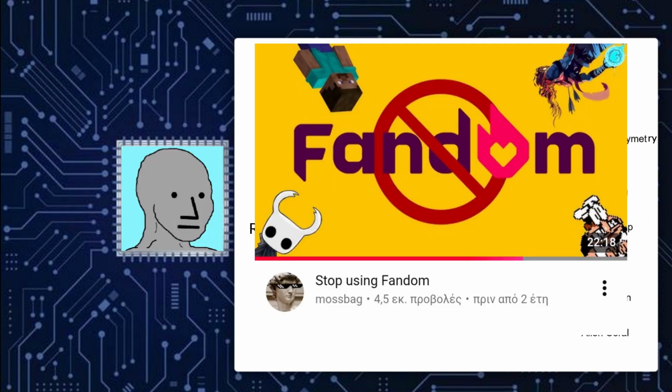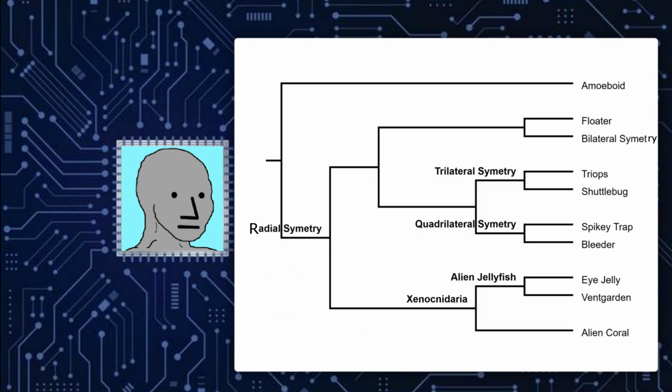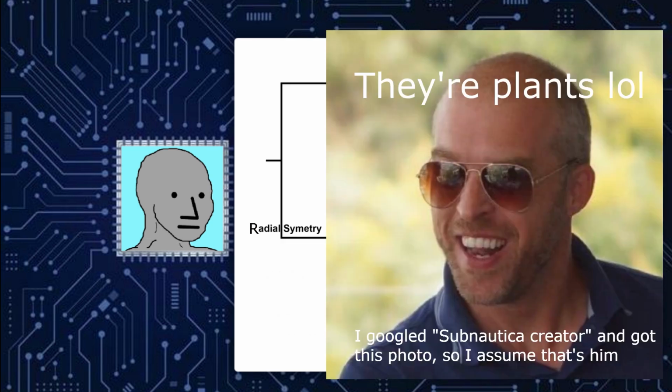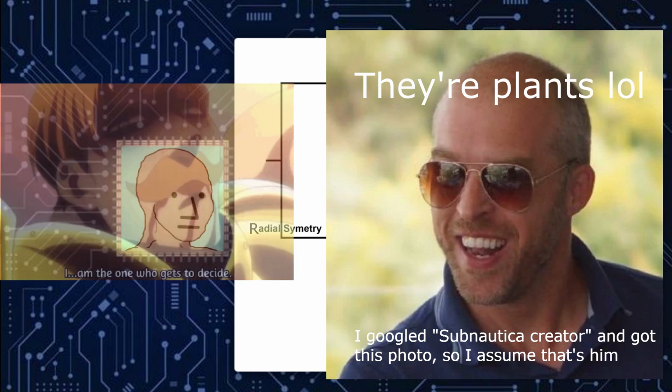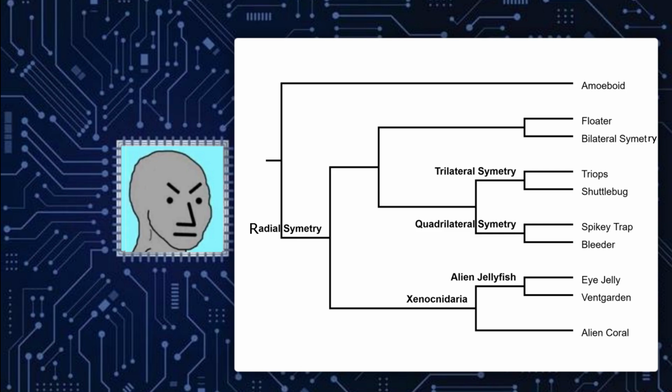Granted, this isn't the most reliable website apparently, but still, the creator of the game can come to my house and tell me right into my face that the corals of that planet are plants and only have a superficial resemblance to the Earth corals that are animals, and I will still disagree, because corals are animals.